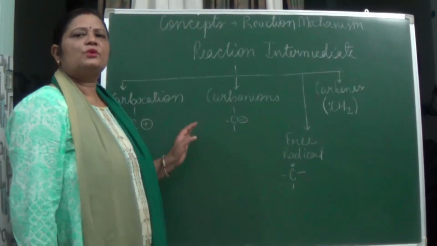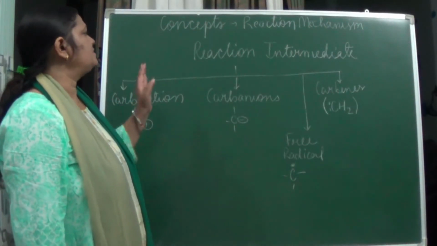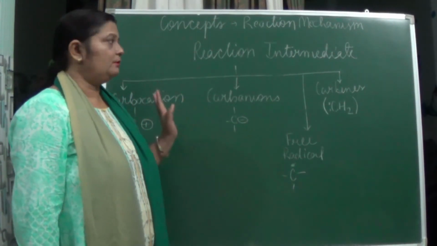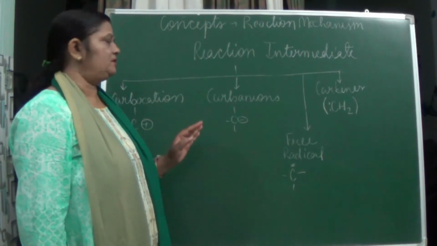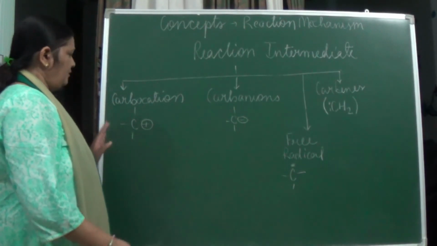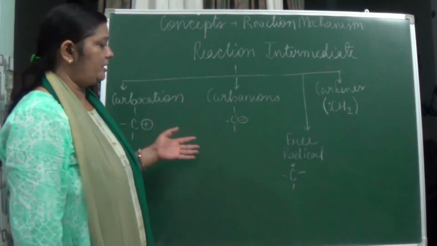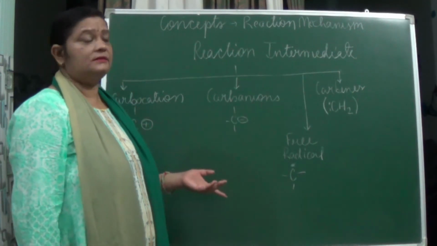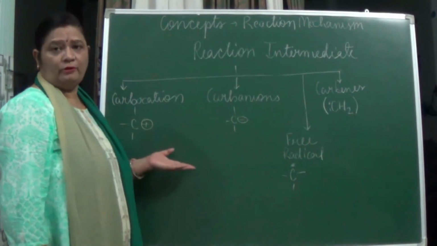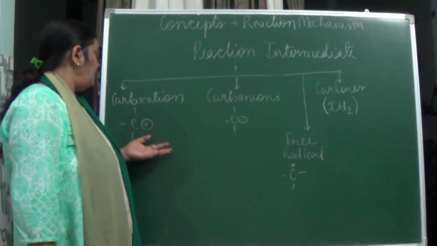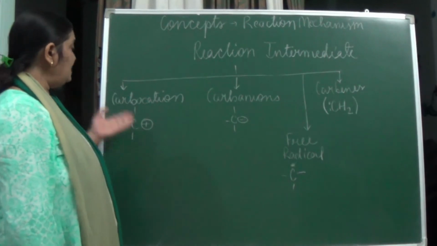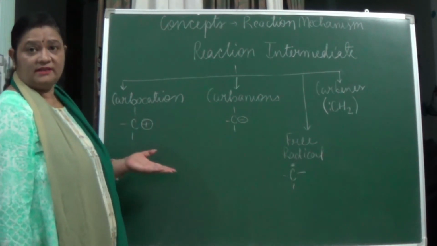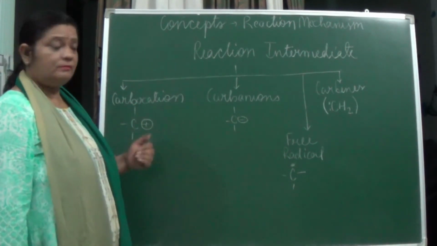Okay, so after the attacking reagent comes the reaction intermediate. So what is this reaction intermediate? You can see here formation of carbocations or carbanions, or there is a free radical, or there are carbenes. These have been formed, and they will all be reacting with certain things, because these are reaction intermediates.